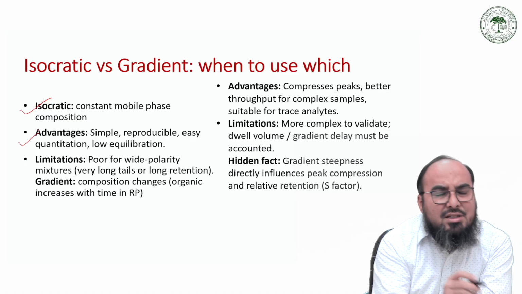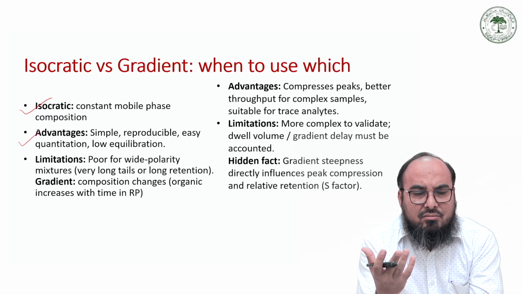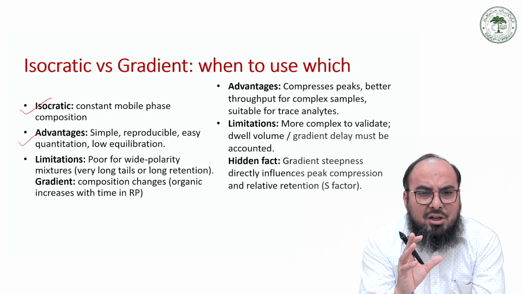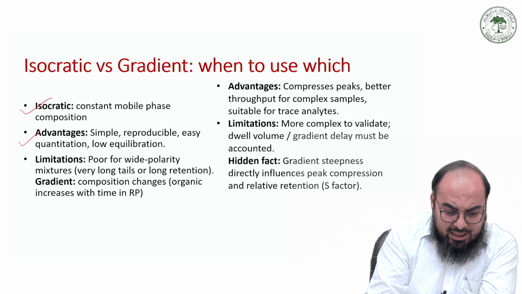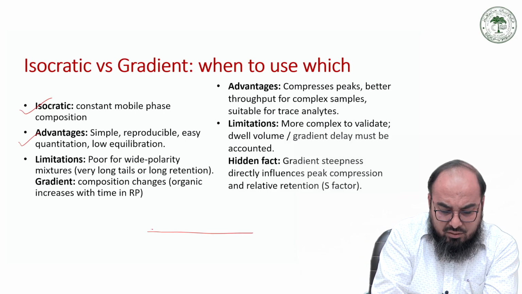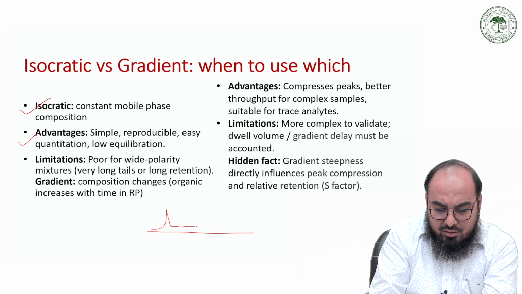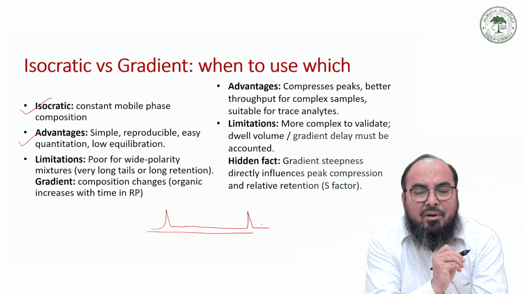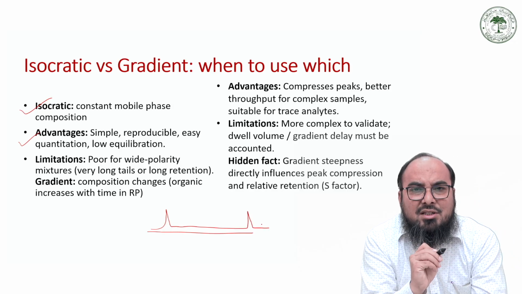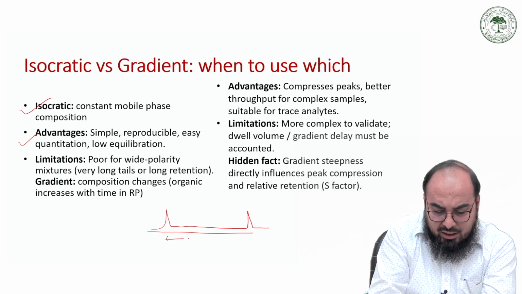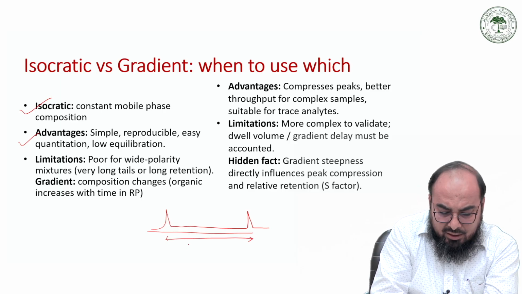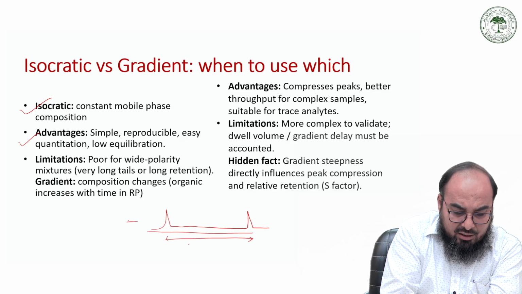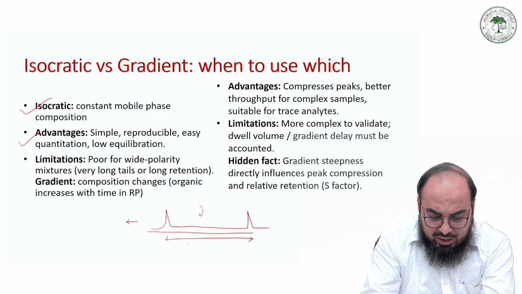It is very good for the separation of simple compounds, but the limitation is that if you have this type of chromatogram, then you can see a long time. This is for isocratic.